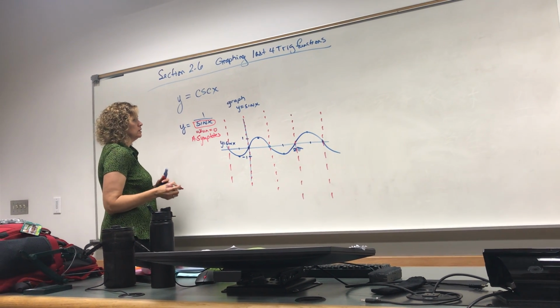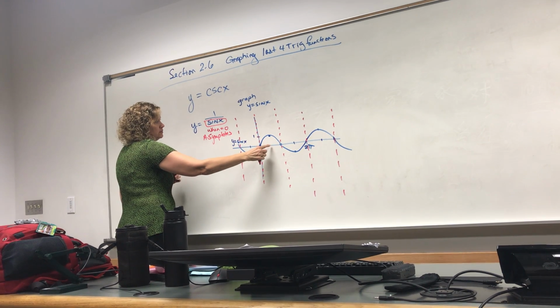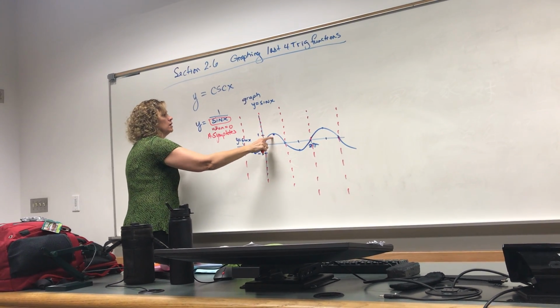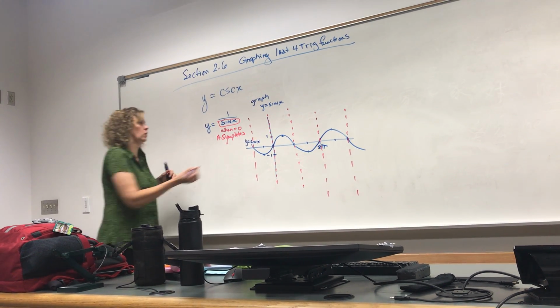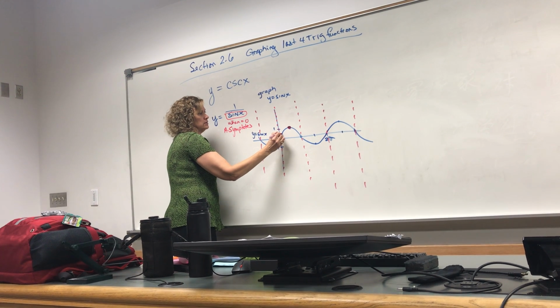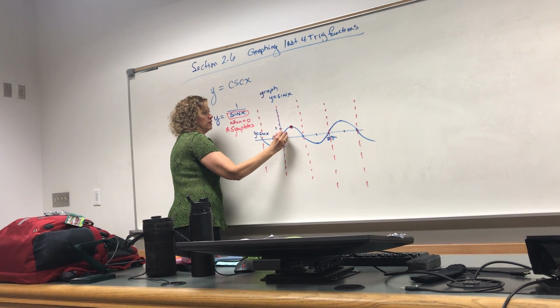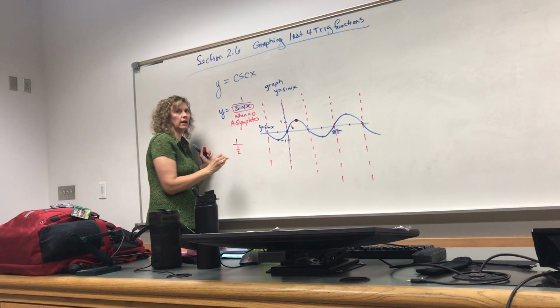Okay. Now, here the sine of, I guess this is pi over 2, it's 1. Okay, what's 1 over 1? 1. Okay, these are fractions. Like, at some point, it's going to be 1/2. What happens when I have 1 over 1/2?